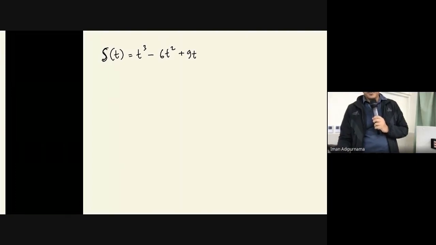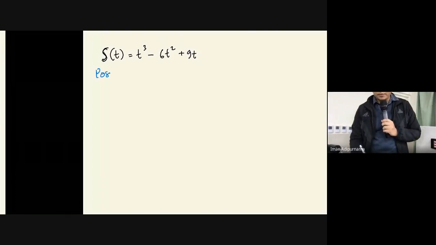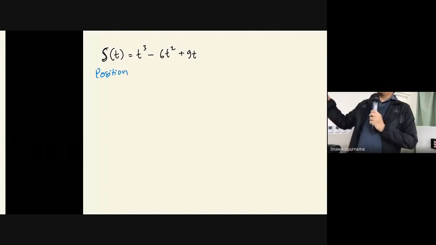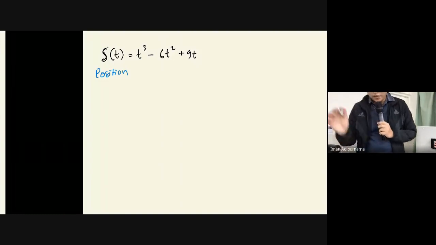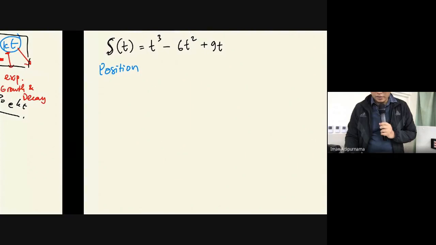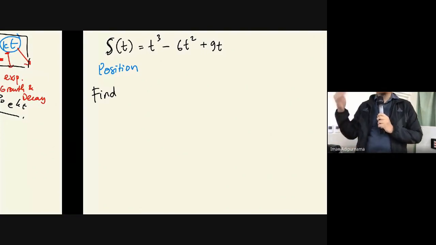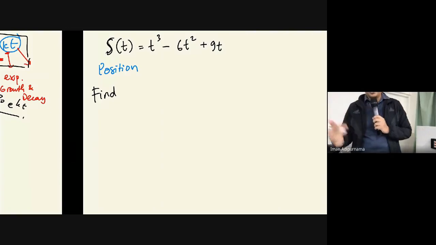Let's say we have some specific function of t, and this is the position. I think in physics, you differentiate and you get velocity, differentiate again and you get acceleration, right? So let me write some questions for you and see if you get the idea from them.